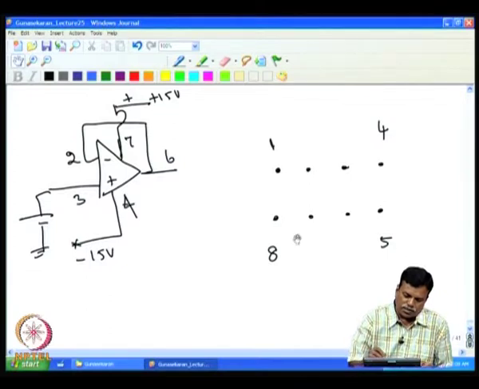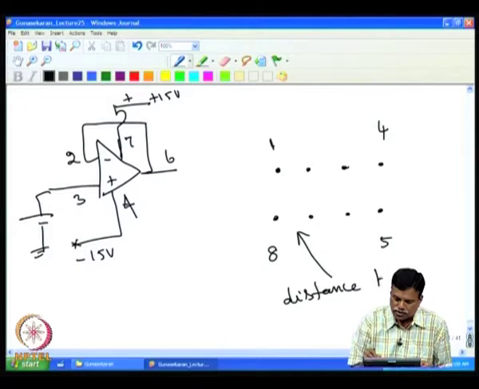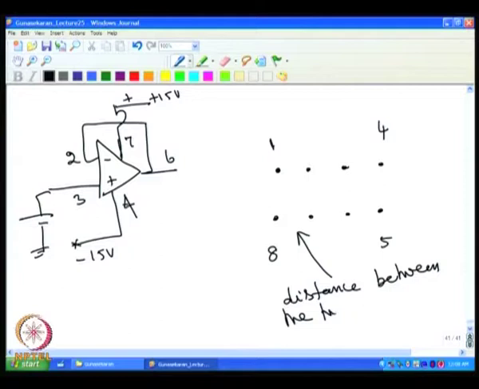So this distance between the two pins is equal to 2.5 mm.